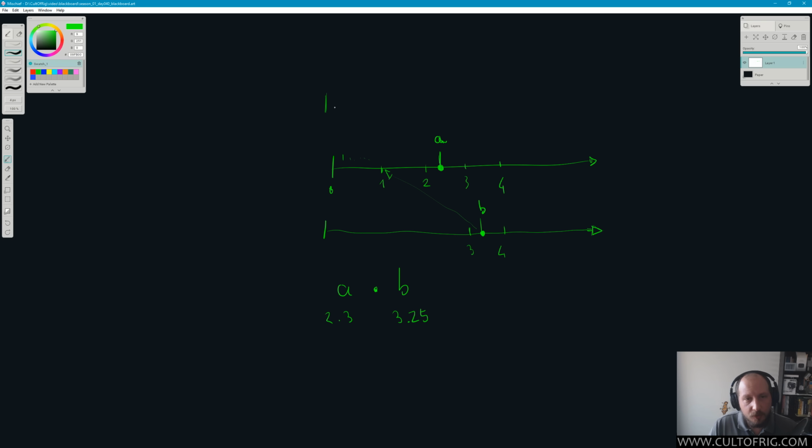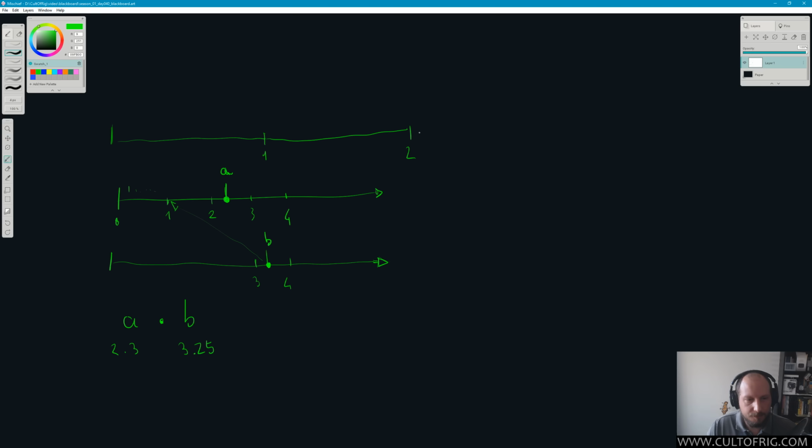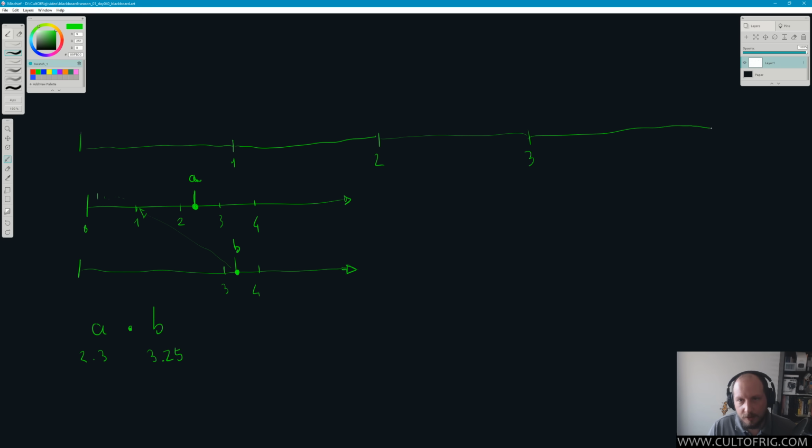Now there's an agreement where you're saying this one is gonna be now going that far, and then the 2 is gonna be going that far, and then the 3 is gonna be going that far, the 4 is gonna be going that far. Then you look at the number you had, which is 0.3, so it's 3/10 of whatever you have here.